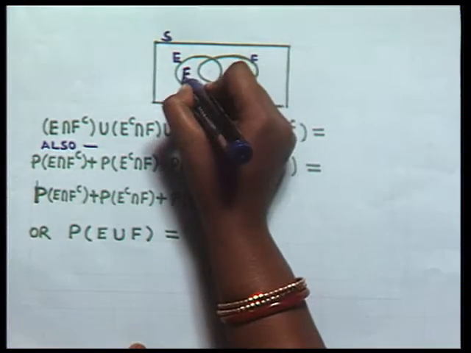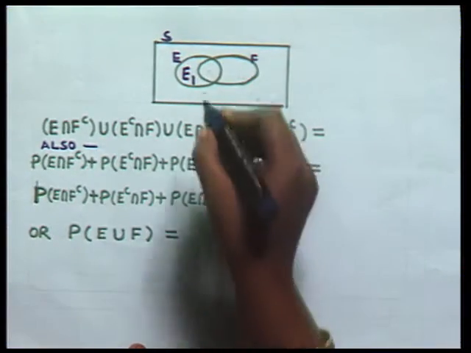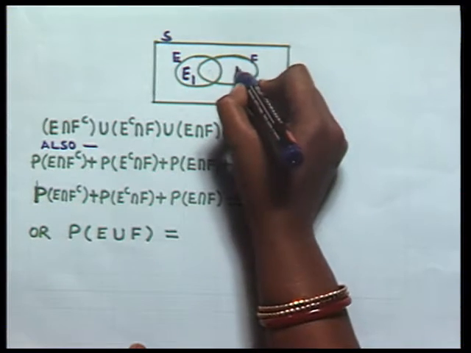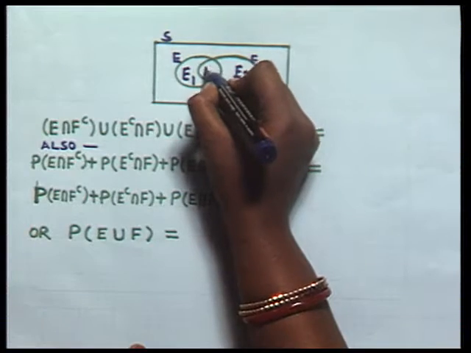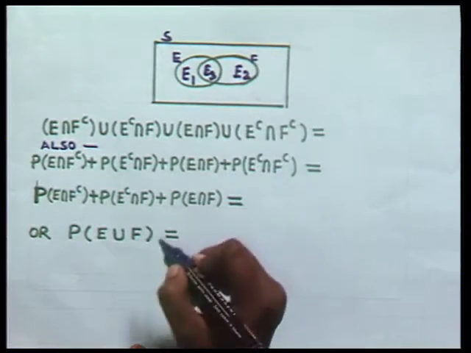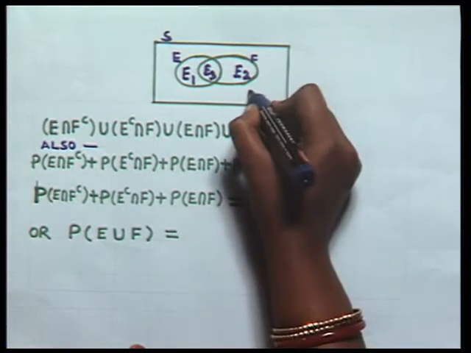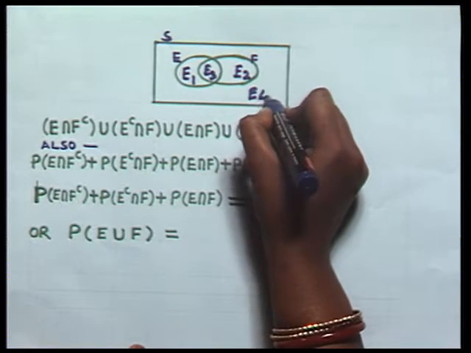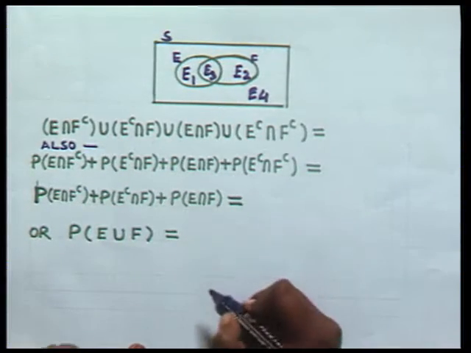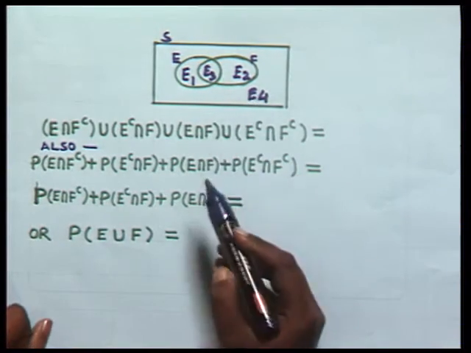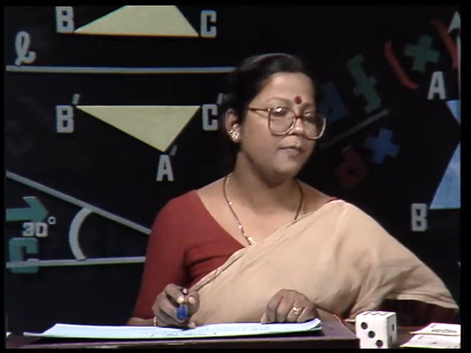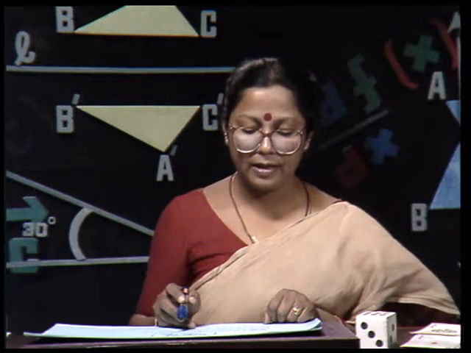If this set is E1, that is only husband, this is E2, that means only wife, this is E3, that means both husband and wife, and this is E4, that means none of them are selected. So we find that E1, E2, E3 and E4 are mutually exclusive and exhaustive events.